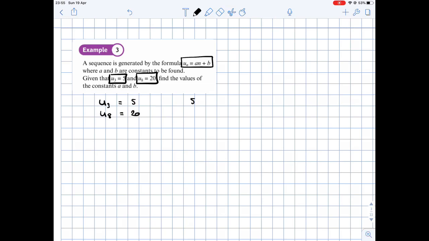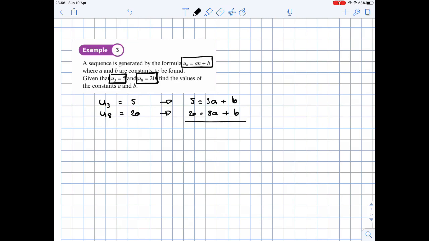So we know that 5 is equal to A times 3 plus B. And the second one, we know that 20 is equal to, n is 8 this time, so 8a plus b. And we've formed a nice easy simultaneous equation.